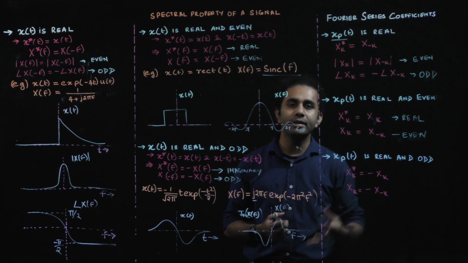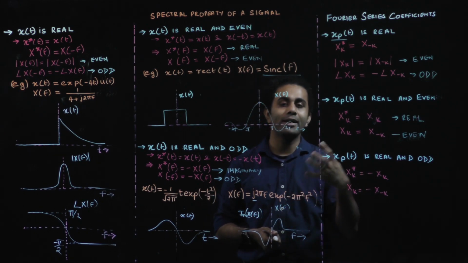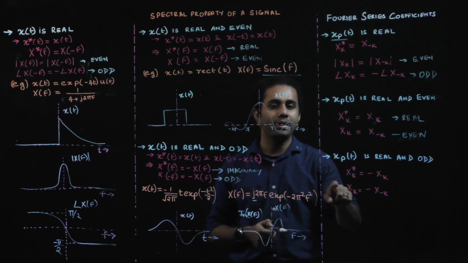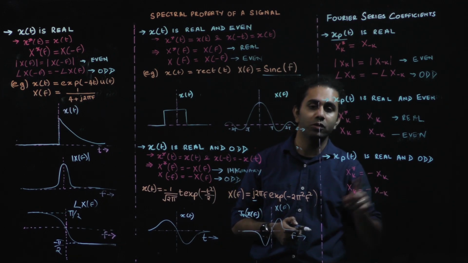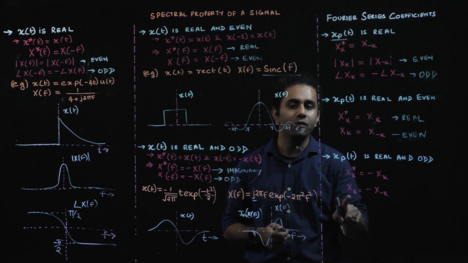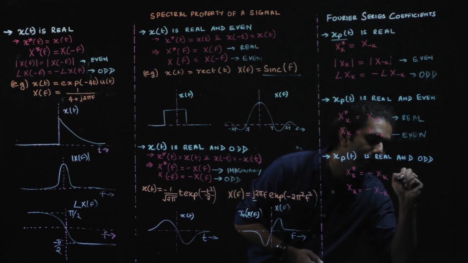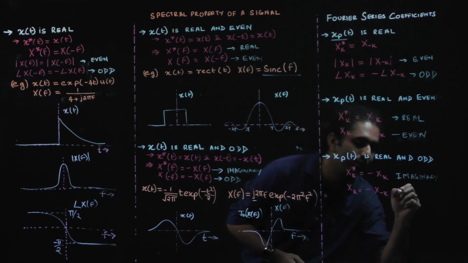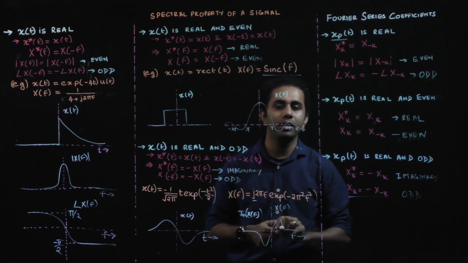And next, the final thing is if xp of t now is real and odd, for example like a sinusoid, a sin omega t or a sin 2 pi f t, then I can say that the x of k conjugate is going to be equal to minus of x of k, while my x of k is equal to minus of x of minus k, which means this happens only if my x of k now is imaginary, and this would imply that I have an odd symmetry in my coefficients here.